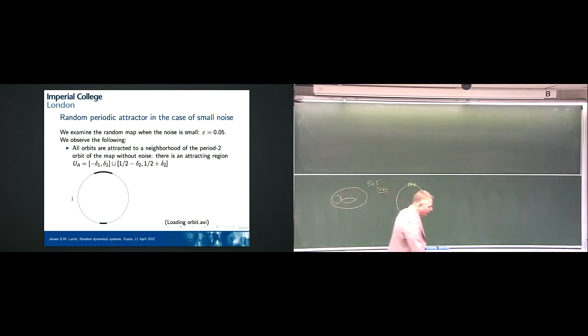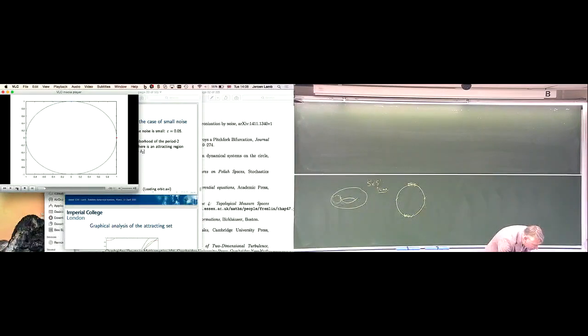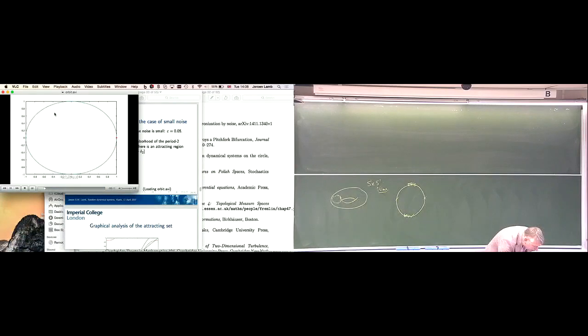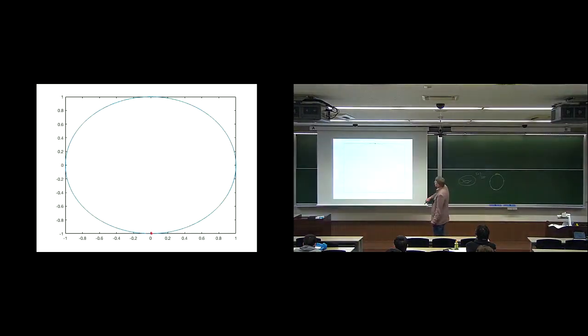So there's a video that I have. Let me see if I can get that going. It's a repeated video, where 2 points are starting. Here you see this point going back and forth near the top.